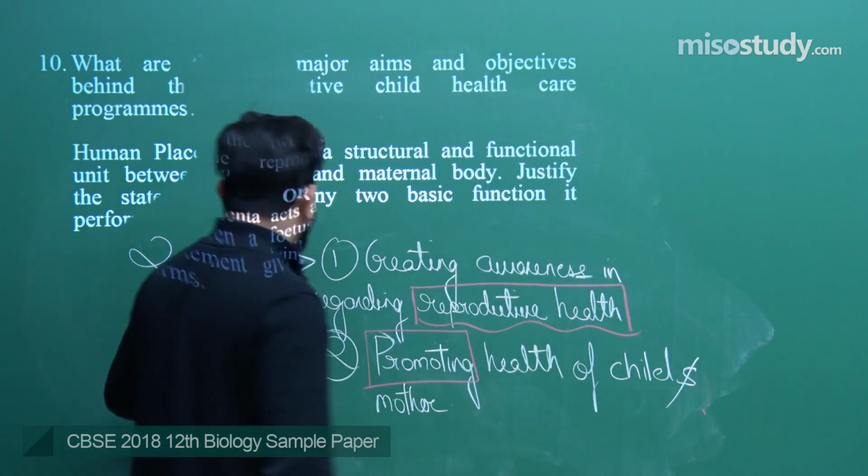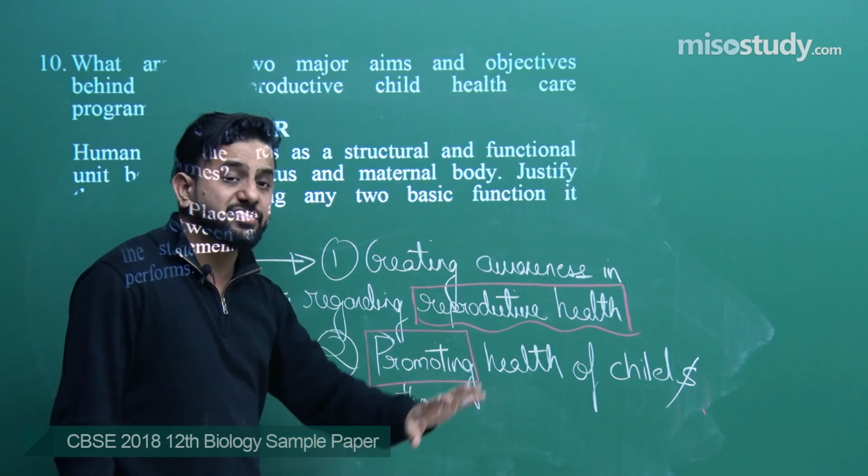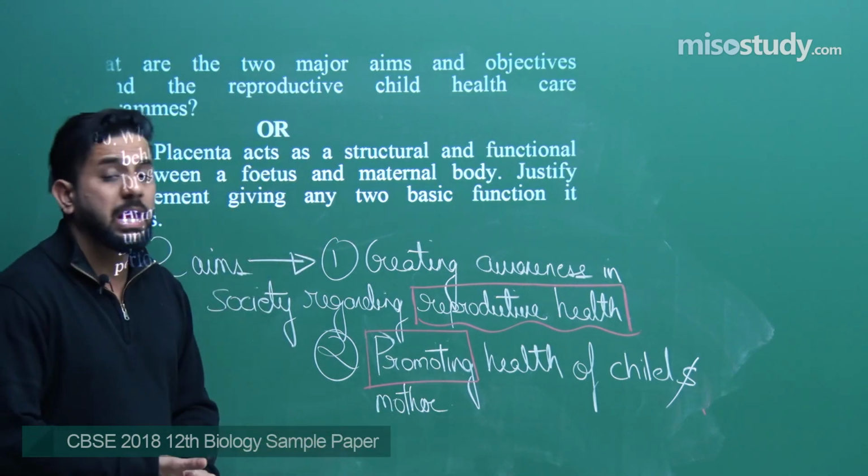So the two aims of the reproductive child healthcare program: creating awareness in society regarding reproductive health and promoting the health of the child and the mother.